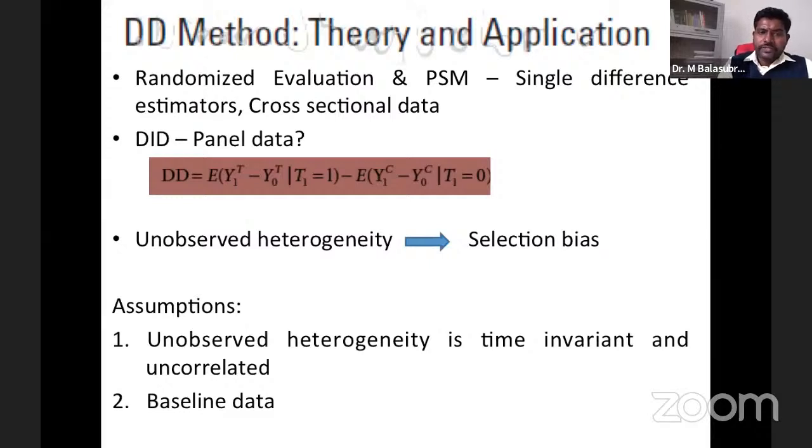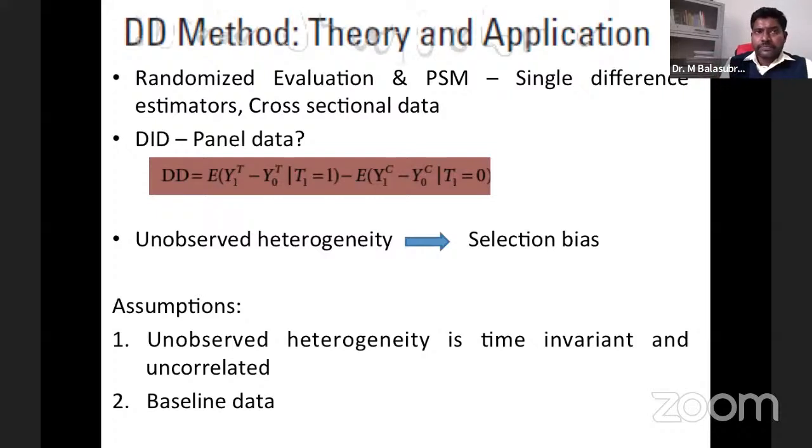To achieve this, we have two fundamental assumptions. The first assumption is that the unobserved heterogeneity is time invariant and uncorrelated with other variables. Very strongly, that unobserved heterogeneity is time invariant. That's a basic fundamental assumption we are having here.